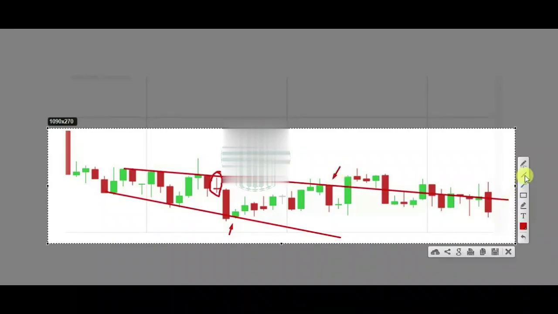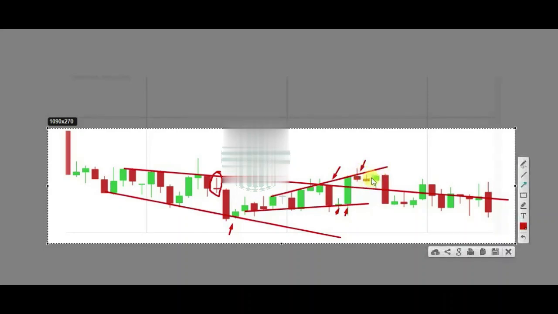Then we placed a trade here also, because there are two price actions. Then we placed a trade here, and still we placed a trade here. But yes, here we have placed a trade.